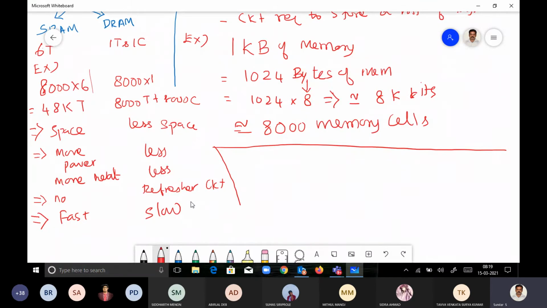The refresh operation will take place on every cycle, so the system has to wait till the refresh completes. But there is no refreshment here. There is no need to refresh anything here. So whatever it requires, it can easily get from the static RAM. So this is fast, that is slow.